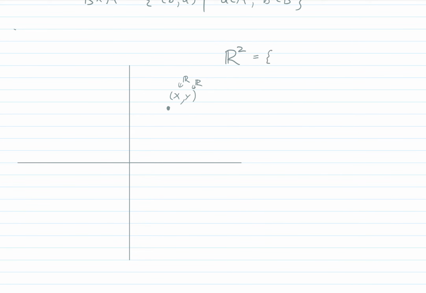It's the set of all ordered pairs (x, y) such that x is a real number and y is a real number. In other words, R squared is simply the Cartesian product of R with itself. Okay?